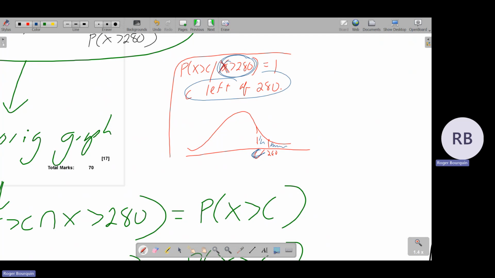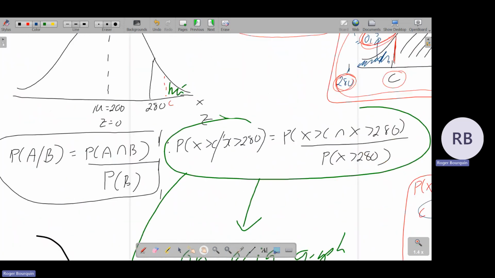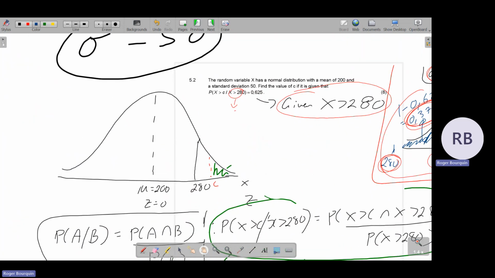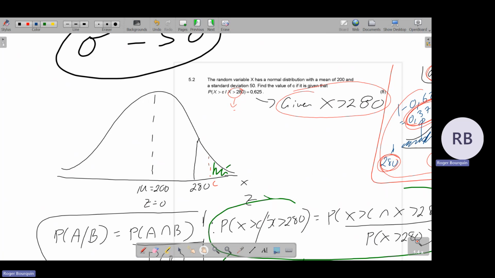So on the diagram you've got to plot, c is to the right of 280, because otherwise this probability would be equal to 1.